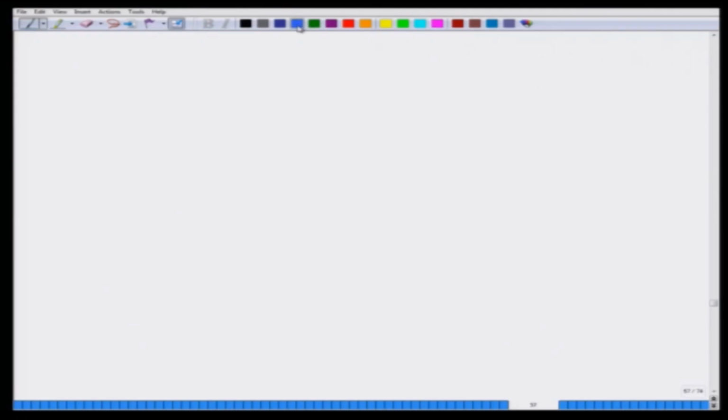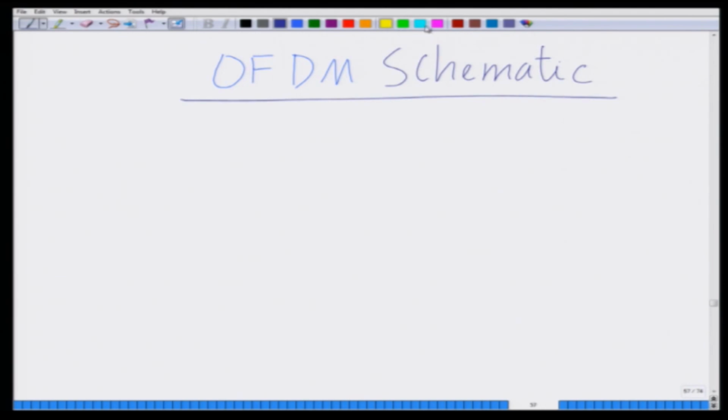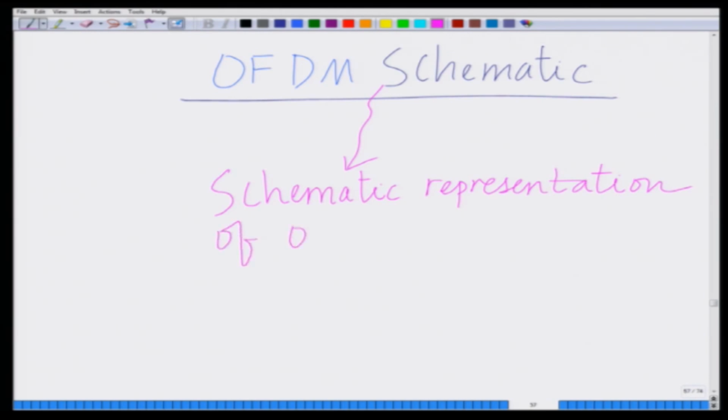So, what we are going to look at today is the OFDM schematic, that is, a schematic representation of operations at the transmitter and receiver in OFDM.